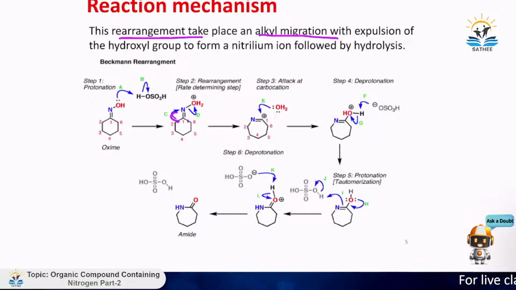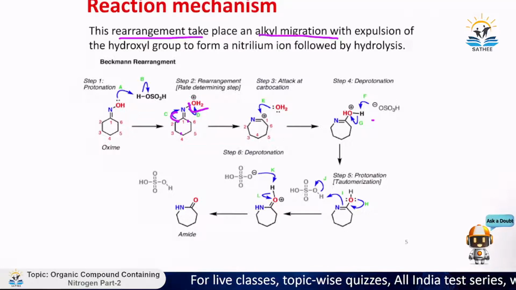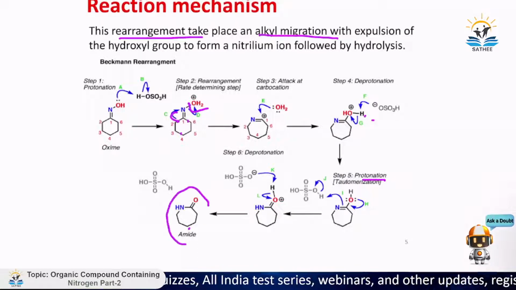That means this is going to attach here, and now the six-membered ring becomes a seven-membered ring with nitrogen inside. And this OH2 gets removed from here and then it again attacks. SO3H can also attack, and then protonation, that is tautomerization, occurs, and finally this double bond NOH is converted into amide.